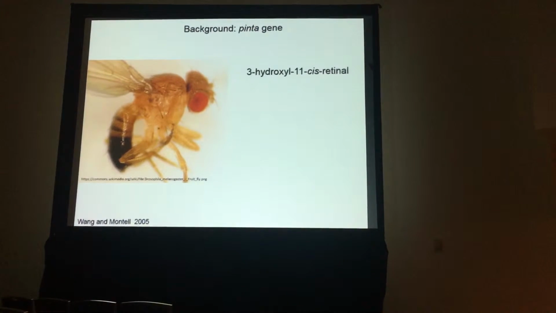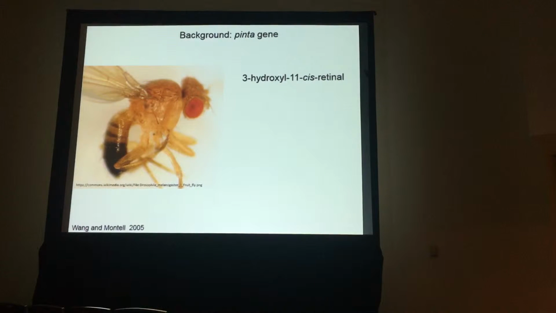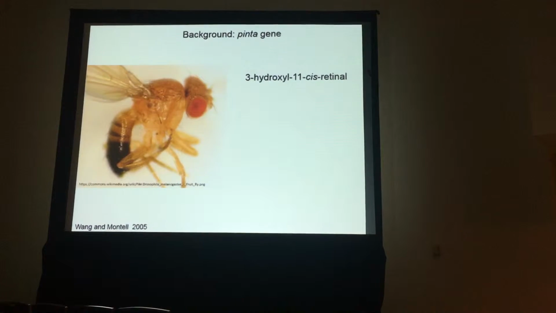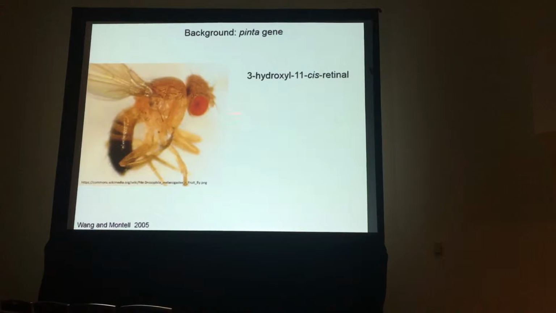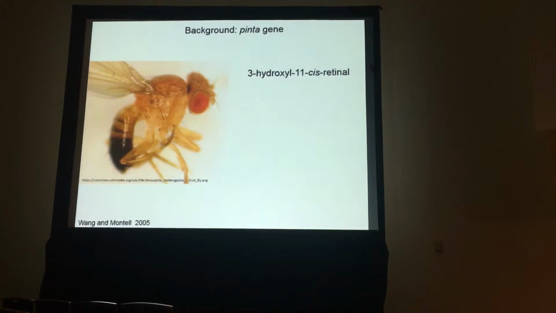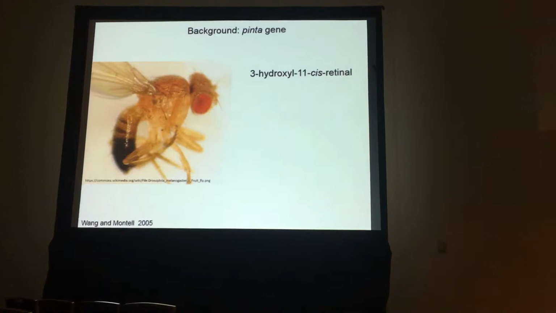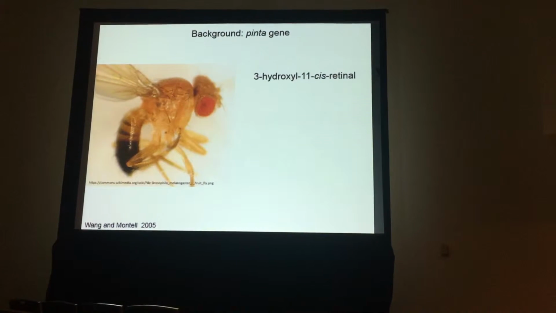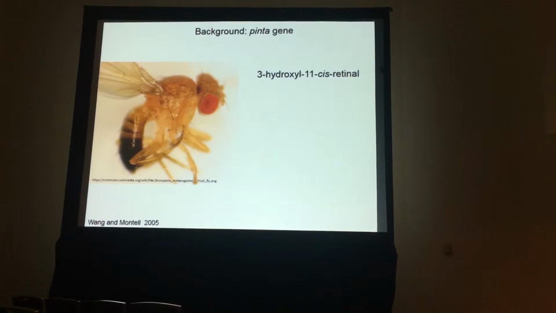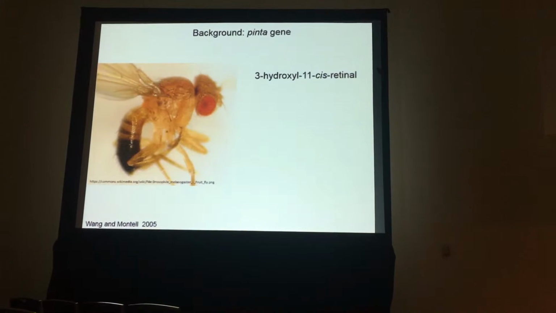A gene known as PINTA encodes a protein that binds 3-hydroxyl 11-cis-retinol. And in this previous study, where they looked to see where PINTA mRNA is expressed, they found it in the retina, but also in the optic lobe and in the brain.